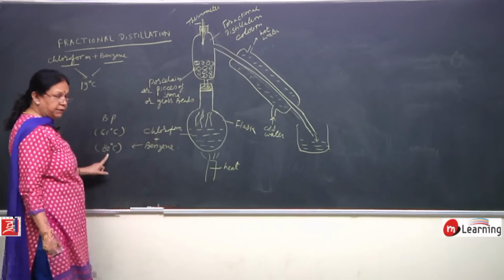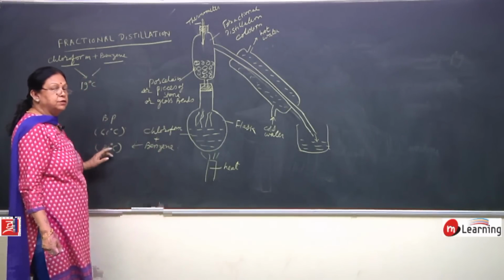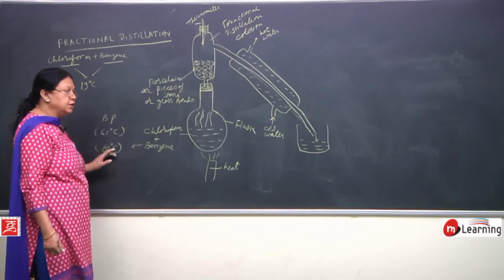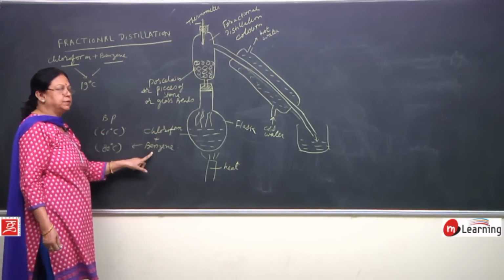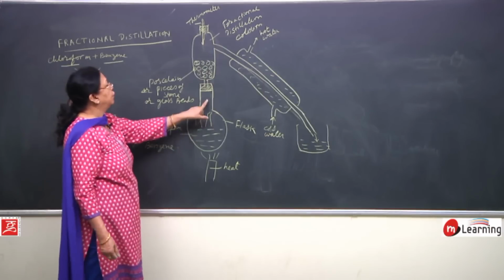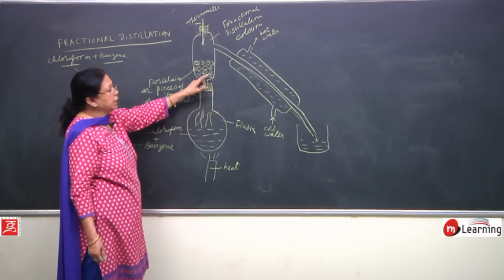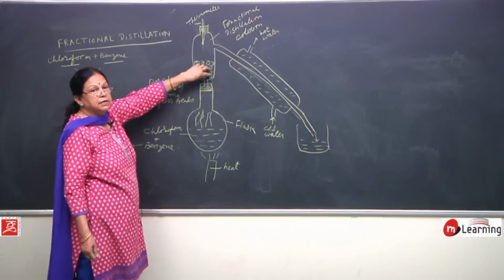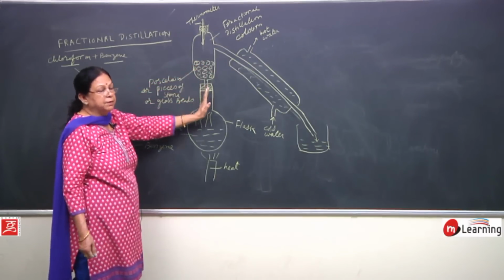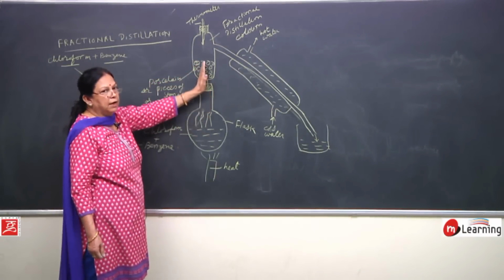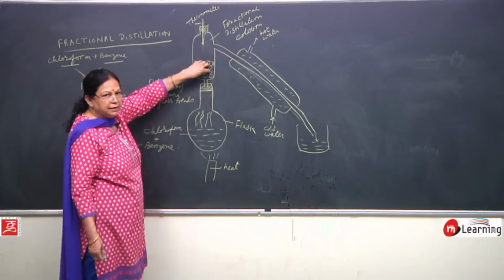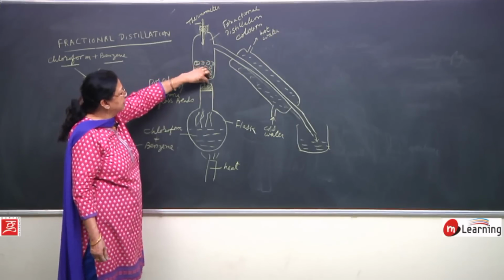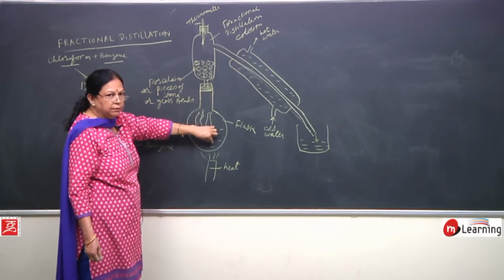Because the difference in their boiling points is not much, it is very less. So when you start heating, some of the vapors of benzene will also be there. So all these vapors will go up. Now, because the surface area is more, these vapors will try to go up, but because of the greater surface area, some of the vapors will get condensed and go down.